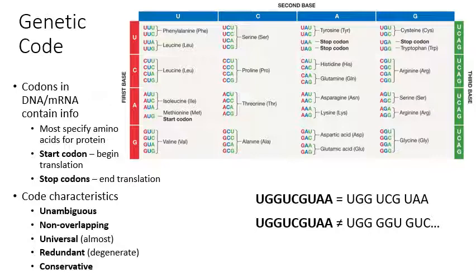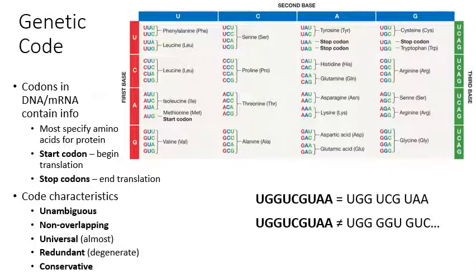It'll put a methionine, and then it'll go 3 bases down to the next codon and read that, and put whatever amino acid is coded for by that codon, and it will go until it gets to a stop codon. When it reaches the stop codon, it's going to stop and fall off of the mRNA, and the protein will be done, except that it will still need to fold.